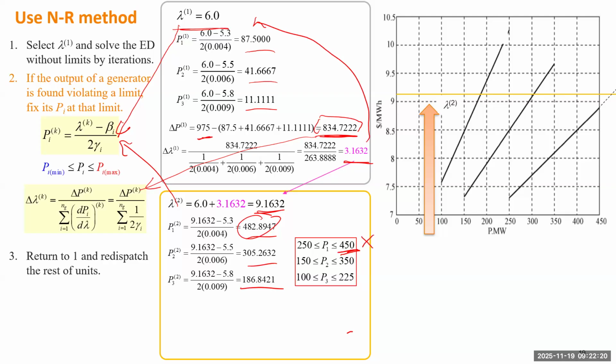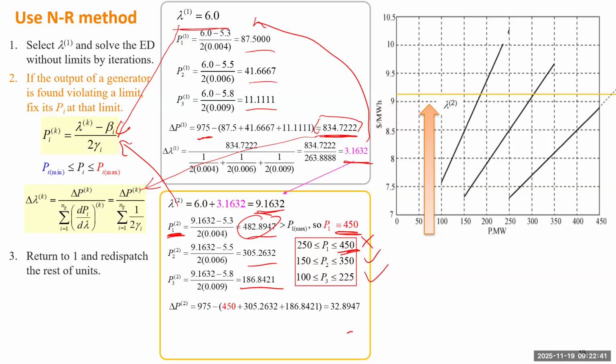So this one does not pass, but the second and third will be fine. They stay within the limit. So this means we need to change the output for unit 1 to be exactly at the limit, just valid.